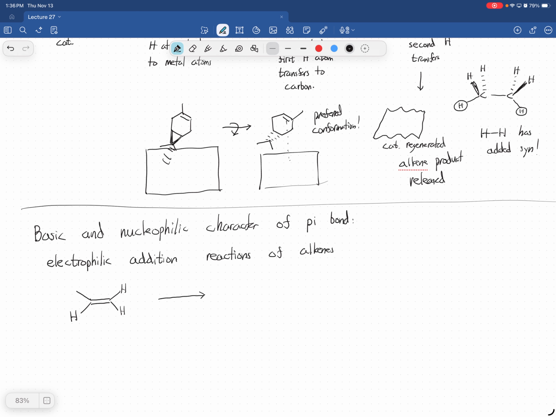Plus my electrophile. So it usually looks like this. You have something bonded to your nucleophile. That's electrophilic.